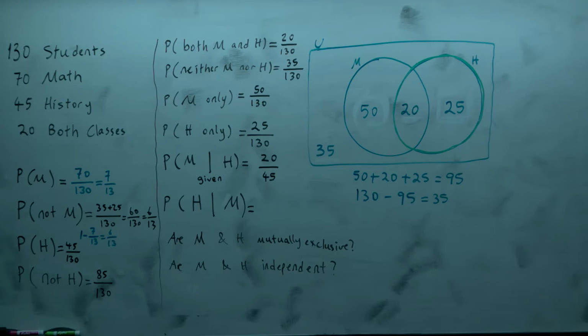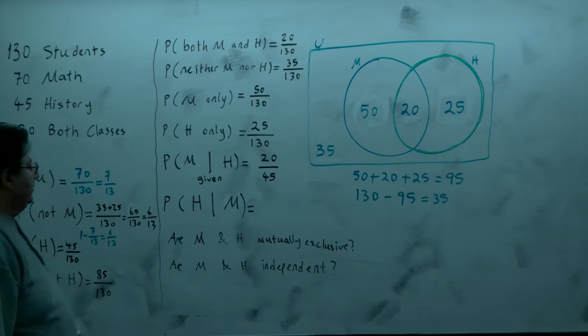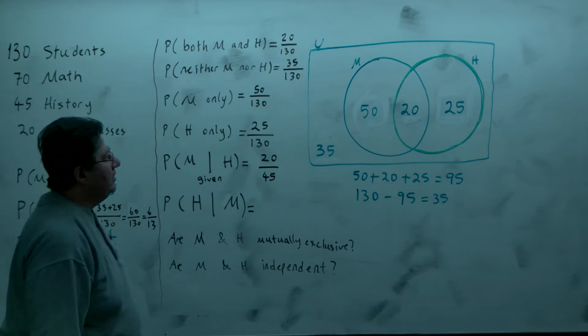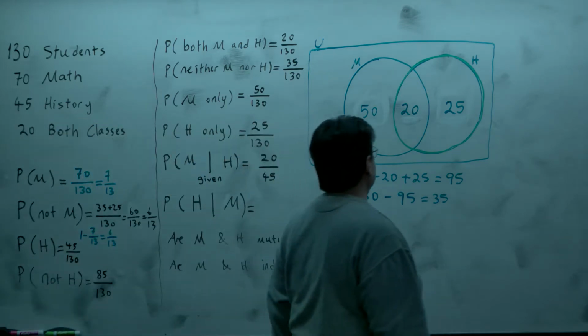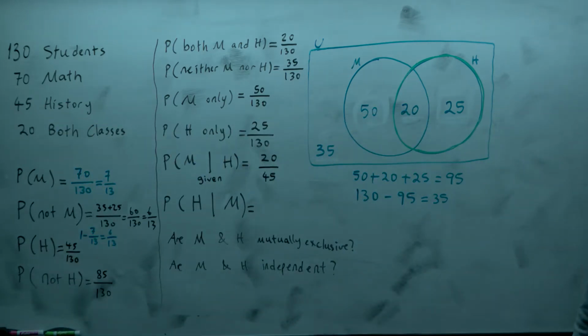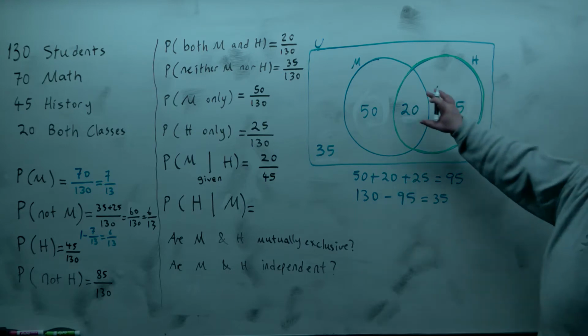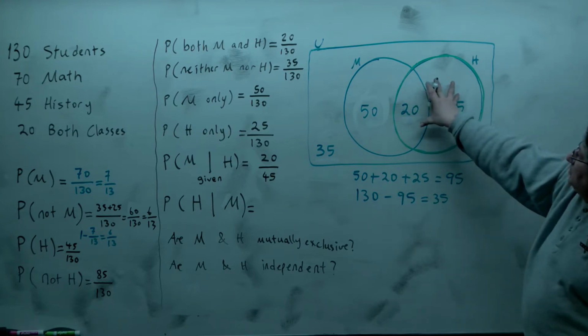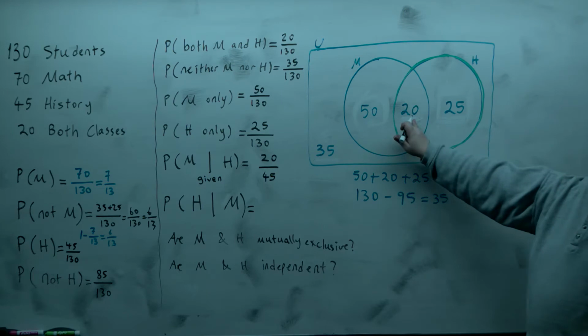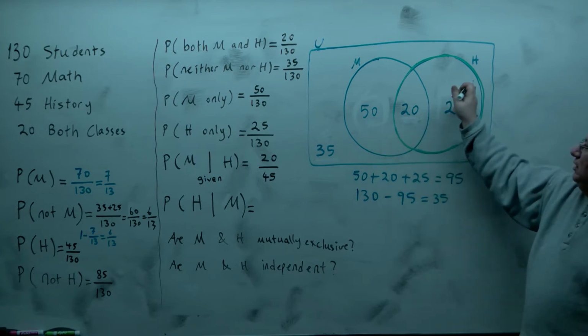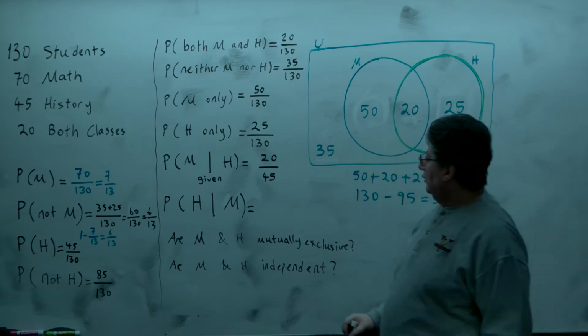If we are given that a randomly selected student is taking history already, that means we are not interested in anyone who is not taking history. That means we are interested in this part only. So when we select someone from this part, what is the probability that that person is taking math? That is 20 out of the 45.